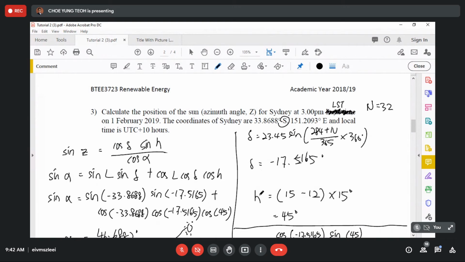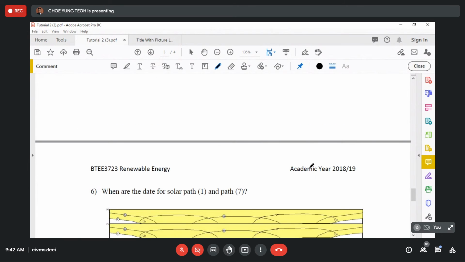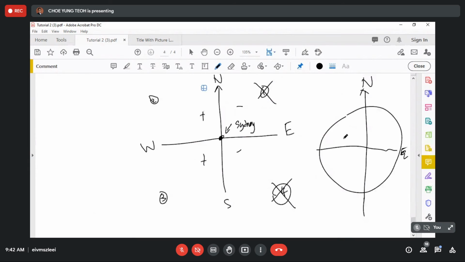And then declination angle is negative 17.51. So if I want to draw the location of Sydney on the Earth, it should be maybe here. Okay, so this is Sydney. And the angle is 33.8, according to the latitude.